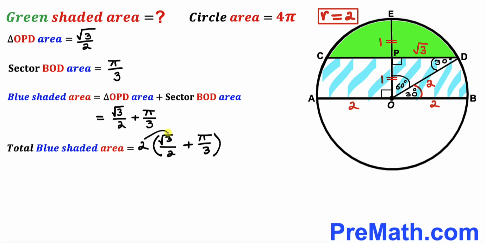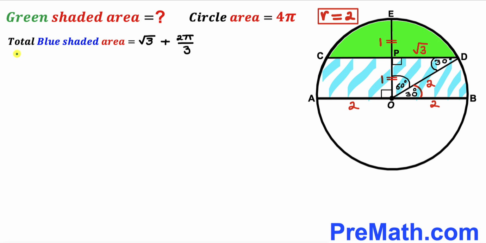And now we are going to distribute. So that is going to give us square root of 3 plus 2 pi divided by 3. So once we figured out this total blue shaded region area, which is square root of 3 plus 2 pi divided by 3, now we can easily calculate the area of this green shaded region.